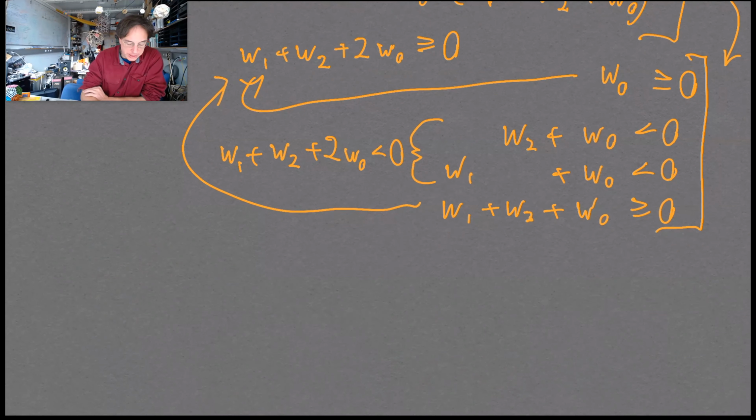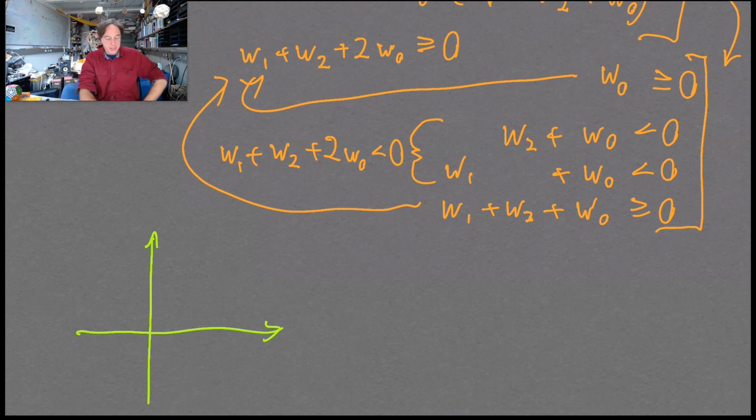If we look at the input space, then there are 4 possible inputs. x1 and x2 can both be 0. x1 can be 1. They can both be 1. Or just x2 could be 1 while x1 is 0.